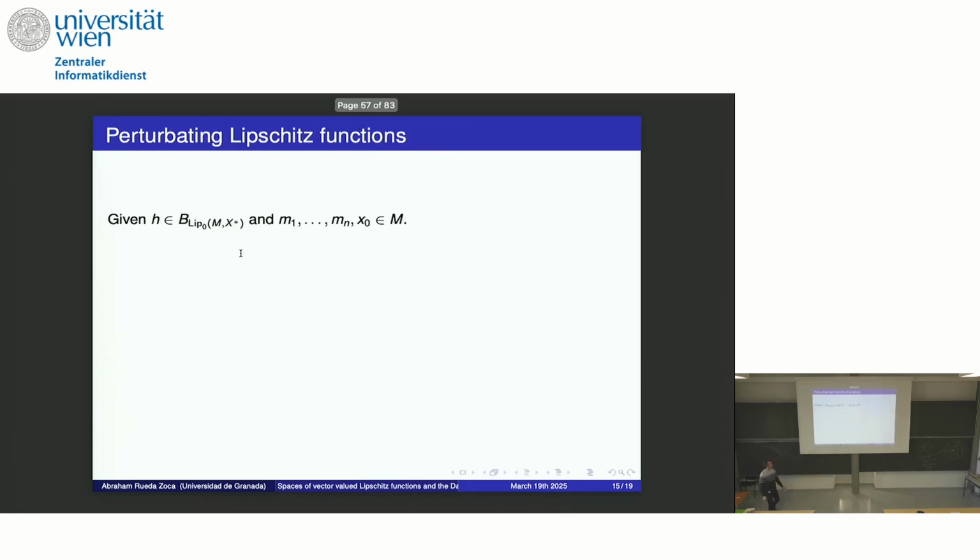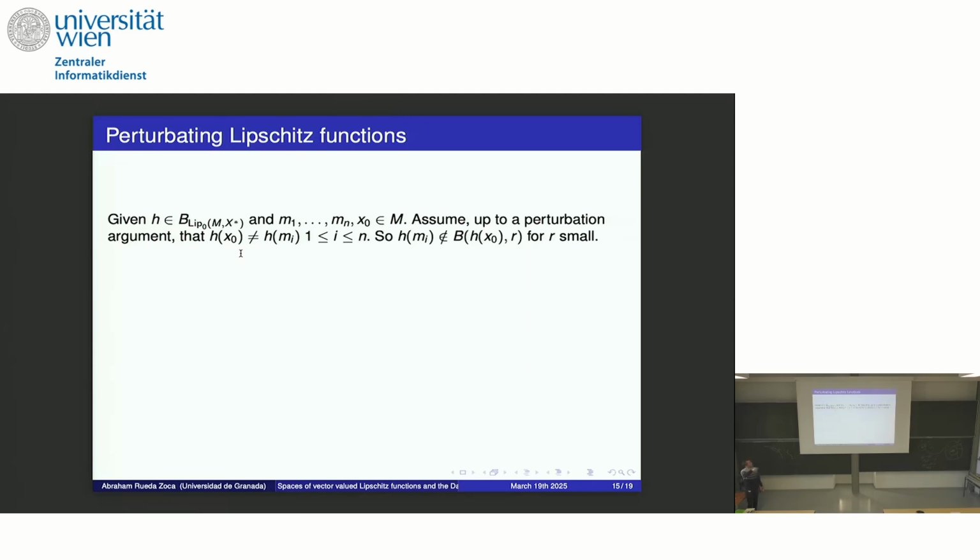What next? If we wanted to perturb our function h, we can assume, up to a perturbation argument, that h of x0 is different from h of mi. And then we can take r small enough for h of mi not to belong to the ball centered at h of x0 with radius r.